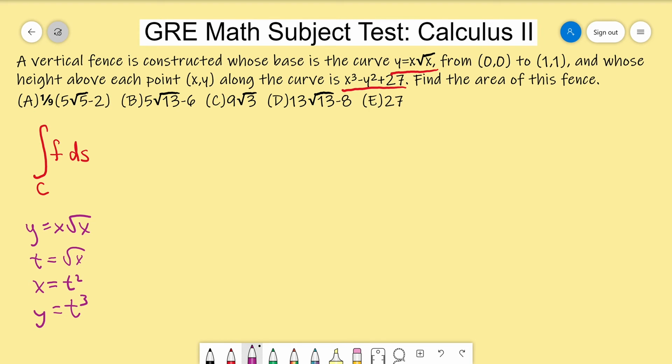Now I can write this contour as t going from 0 to t equals 1. Okay, and now I just need to figure out what my ds is. I'll remind you that ds dt is going to be the square root of dx dt squared plus dy dt squared.